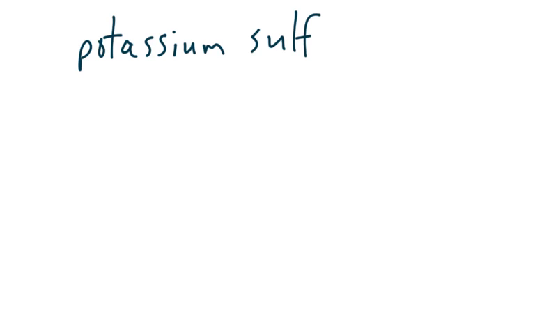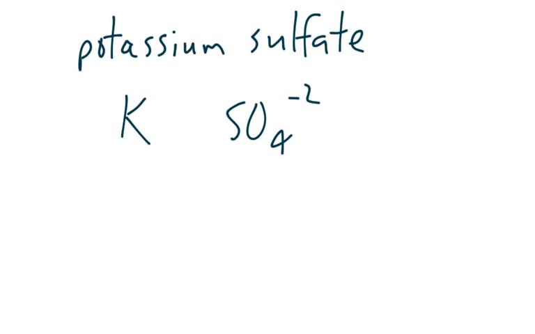Okay, let's try another. Let's say we had potassium with sulfate. So potassium is the letter K. Sulfate is SO4 -2. From the periodic table, potassium is in group 1. So look what happens when you crisscross this. The K gets the 2. Remember to drop the sign.